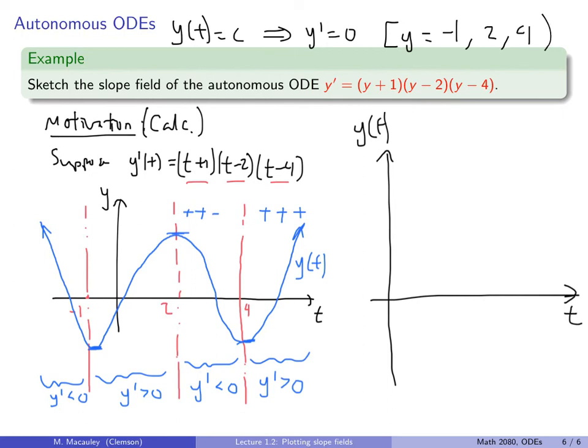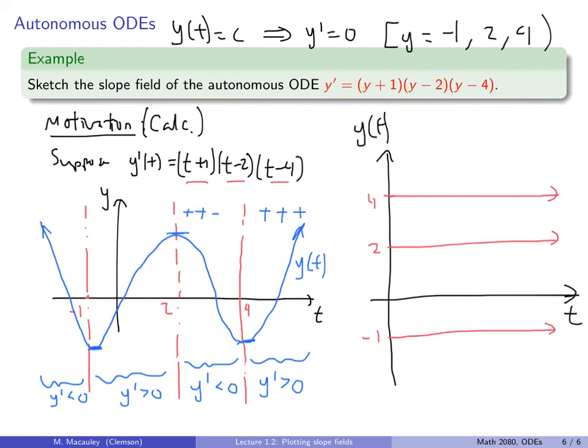So we know that at negative 1, we have a solution. At 2, we have a solution. And at 4, so all three of these, y equals negative 1, y equals 2, y equals 4, all of these are actually solutions to this differential equation.